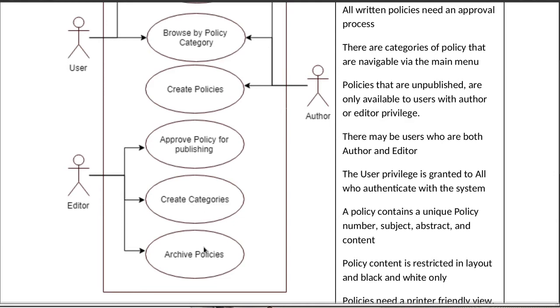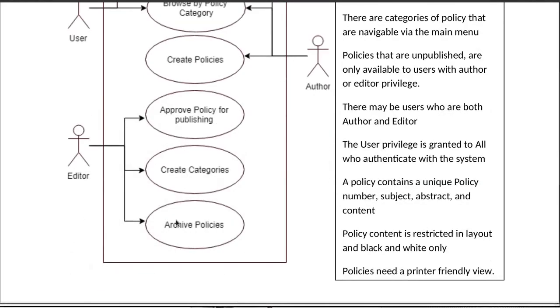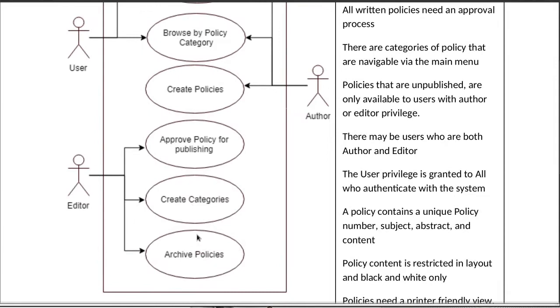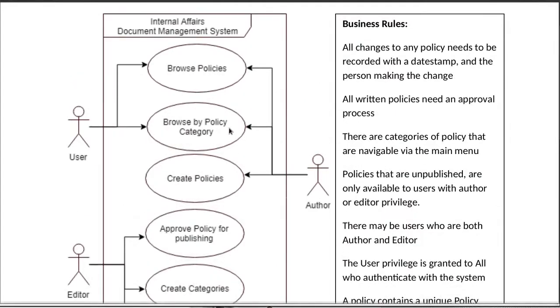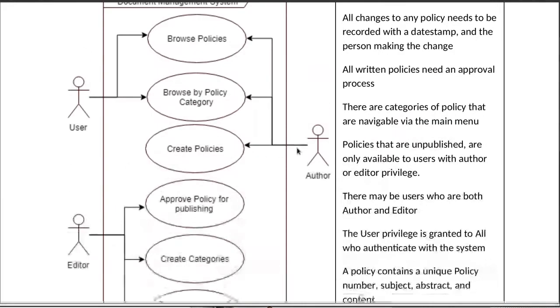And create categories and take that policy through a life cycle, through an archival process. We have users, and I think in this configuration, anonymous people can browse the policies by category and see individual policies that have gotten to the publish stage.